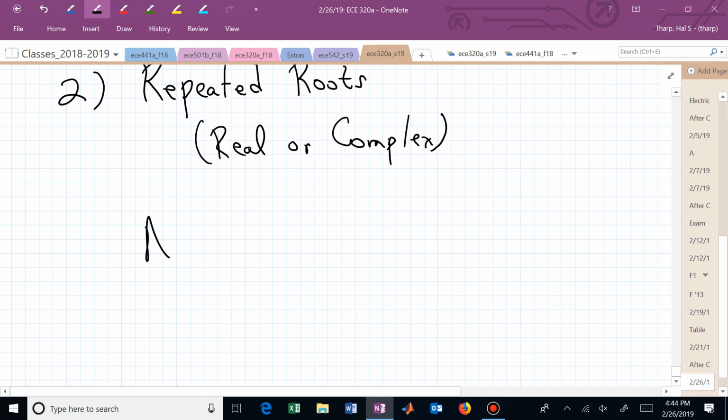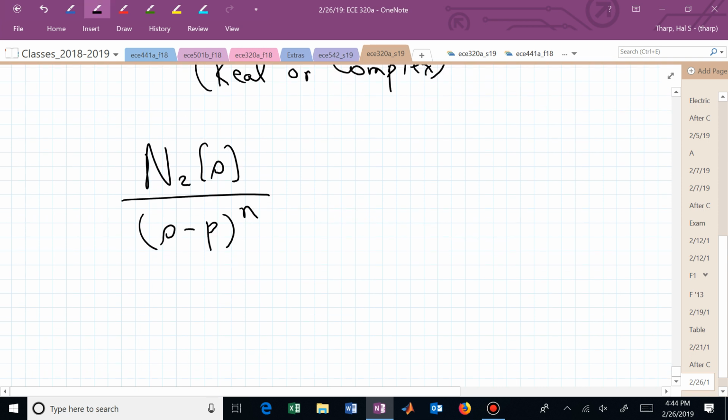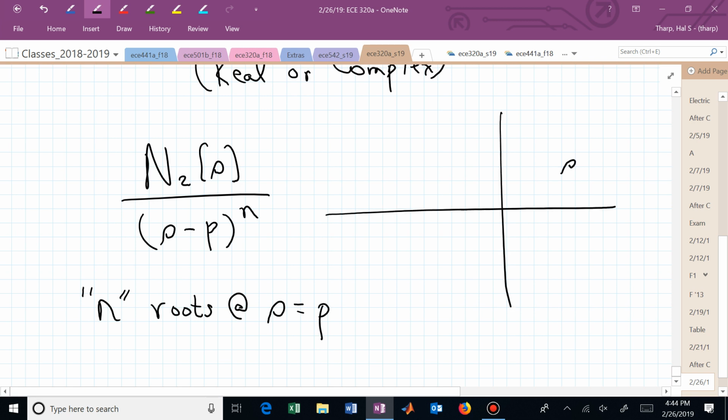Meaning, now we might have an n sub 2 of S over an S minus P, let's say to the little n, where now we have n roots at S equal to P. Or, I know you want to play in the tent, so we have to do a complex plane.